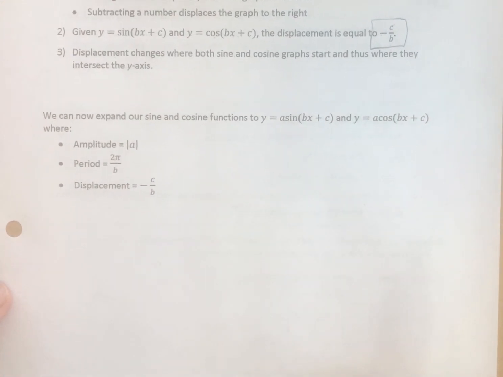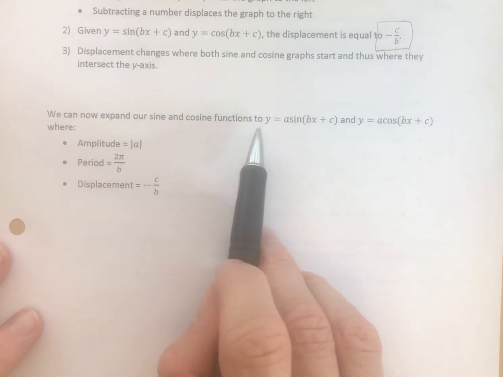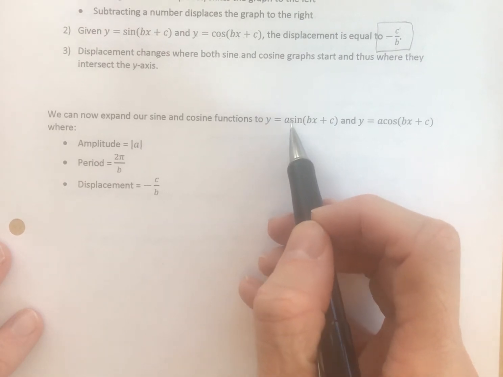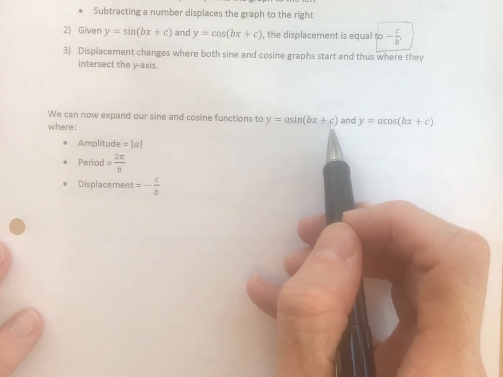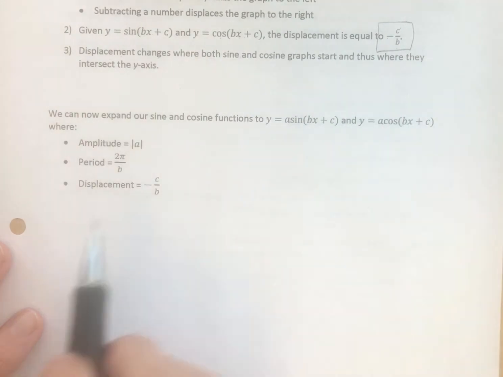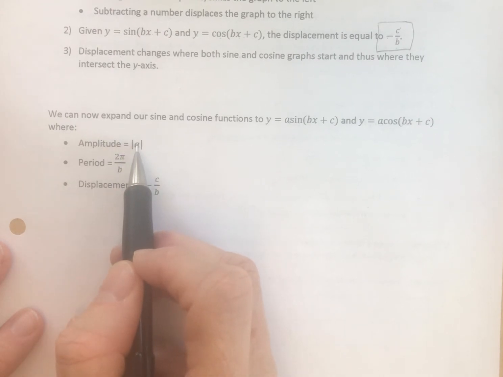Okay? Let's put it together. We can now expand our sine and cosine functions to y is equal to a times the sine of bx plus c, and y is equal to a times the cosine of bx plus c. The amplitude is the absolute value of a.